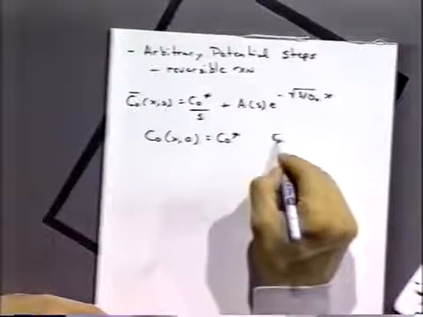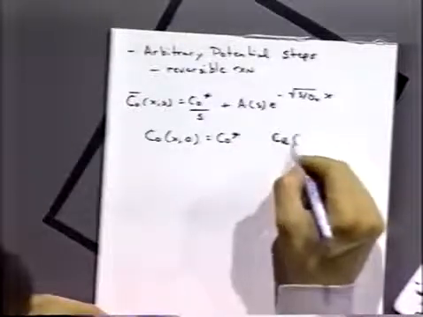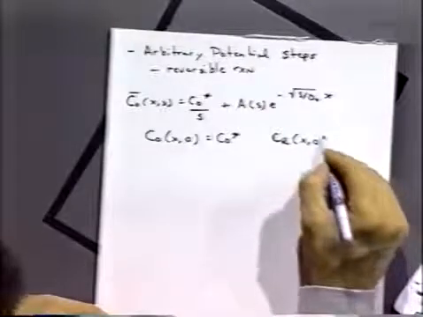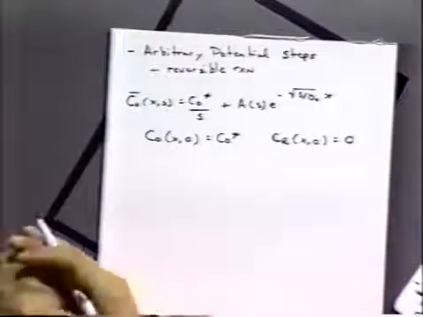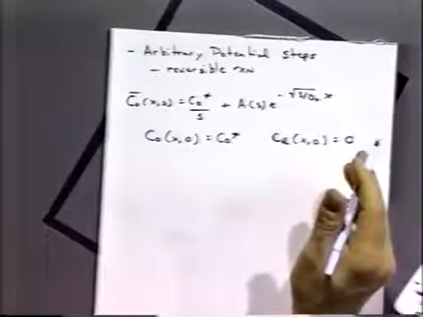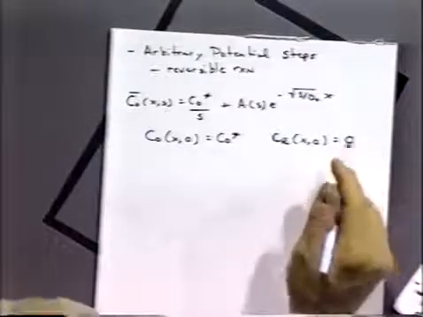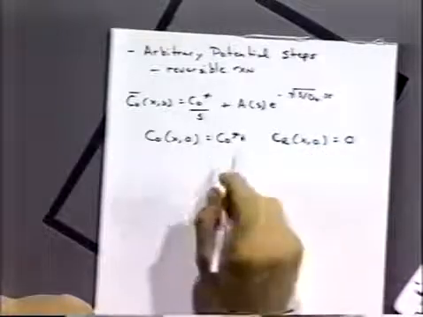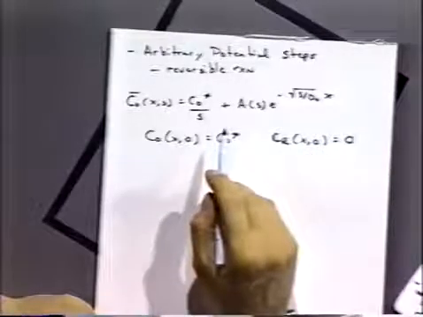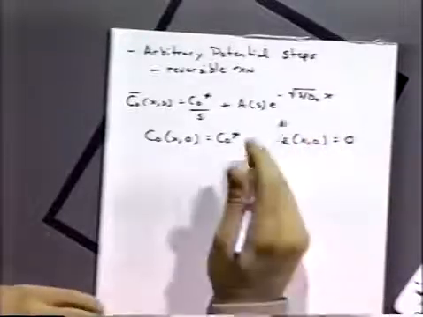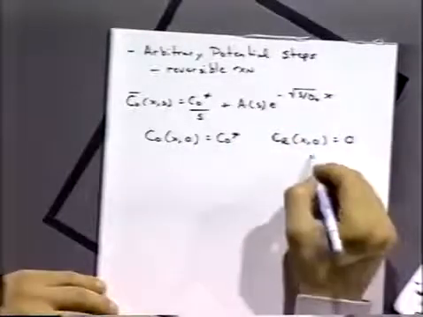And also we're going to maintain the boundary condition we've already had, that the concentration of R at all times is equal to 0 at the electrode surface. Well, wait a minute. Yeah, at time equal to 0.